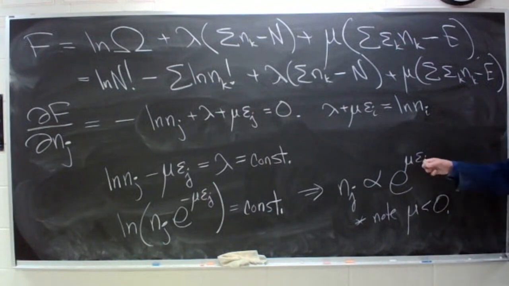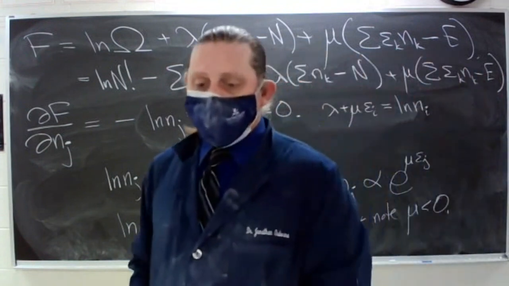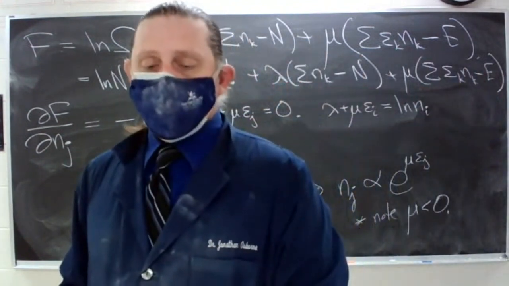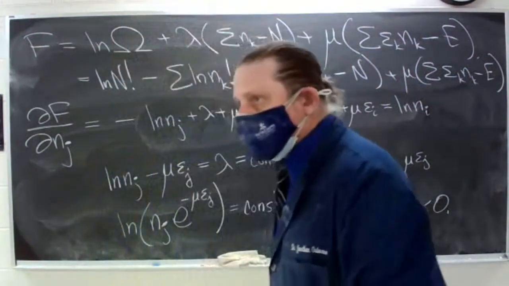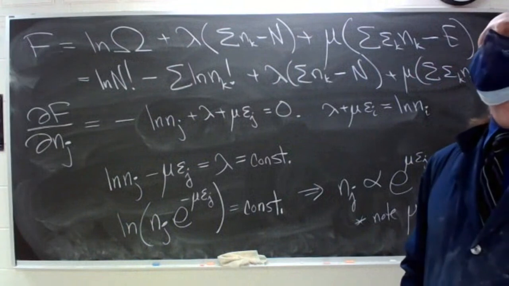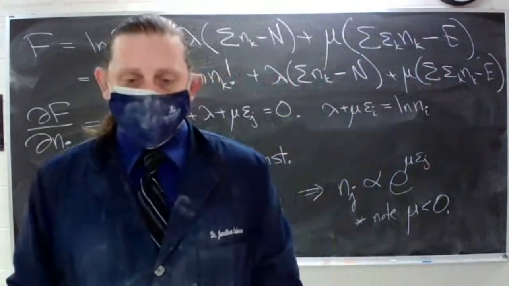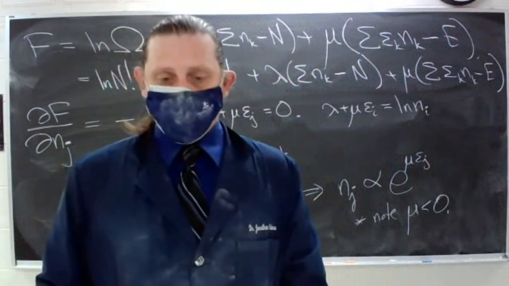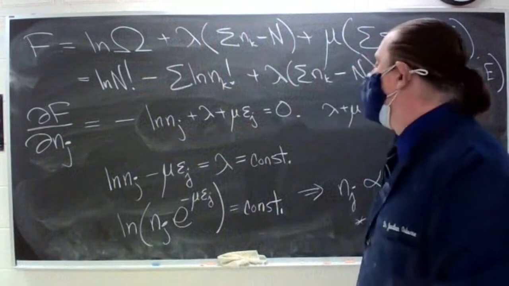Because if mu was positive, it would mean that states that require more energy have a higher occupation number than states that require less energy. Now we'll find that there are some physically very difficult systems to excite that do have that property. We'll talk about that later on.